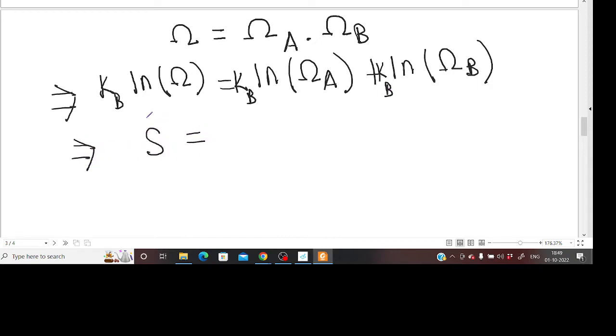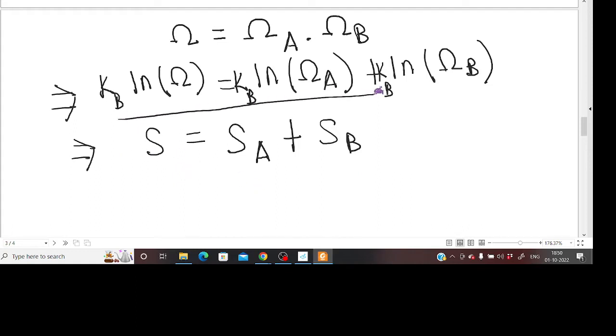So this is the definition of entropy, right? S equals kb log omega, and kb log omega A is equal to SA, the entropy of system A, and similarly SB is the entropy of system B, where SB is equal to kb log omega B, right? So this is the additivity property of entropy.